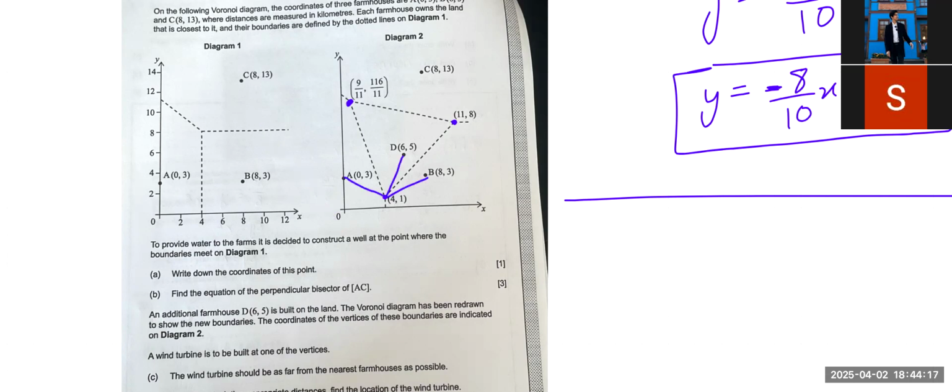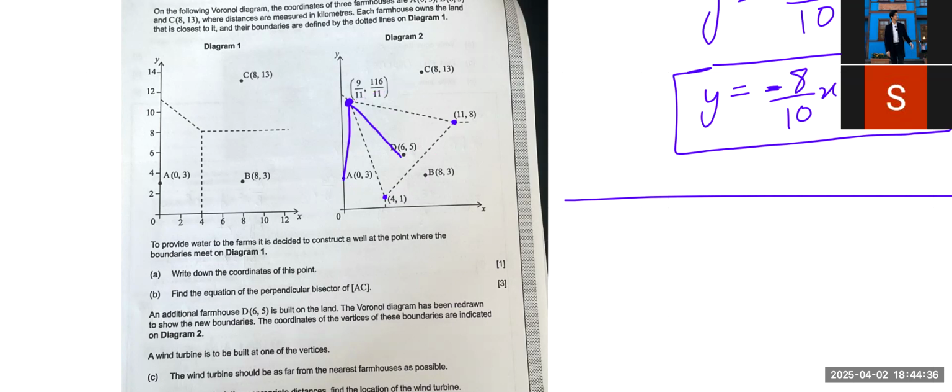However, if we build here, it seems like it's farther away from the nearest farmhouses. And if we build it here, it looks like it's going to be the farthest possible from the nearest farmhouses.